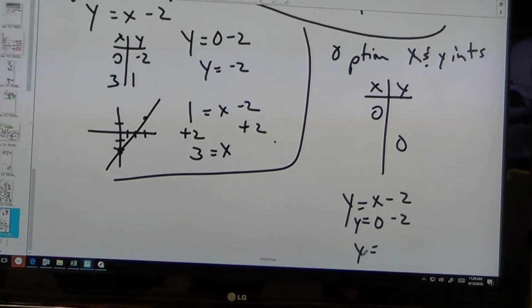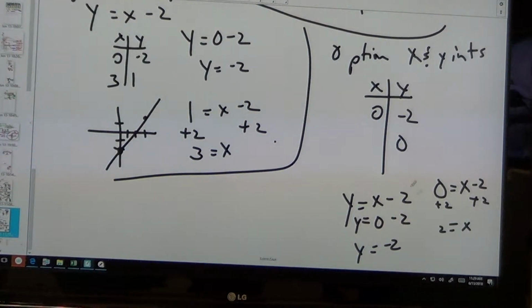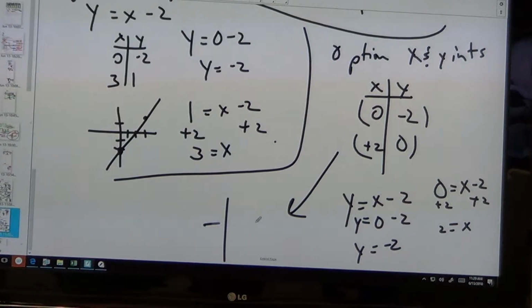So what would y be? -2, thank you. And if I put 0 in for y, what would x be? +2. So over 0, down 2, +2 over, up 2.